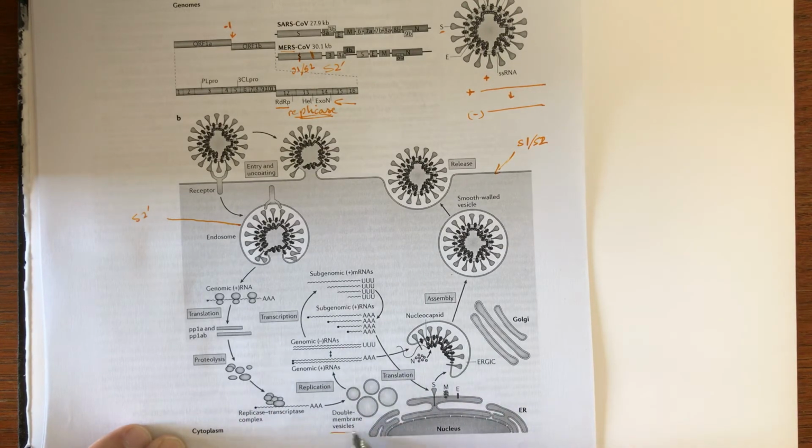It does something quite interesting. It does its replication in these double membrane vesicles, and this hides the virus from innate immune system sensors that recognize alien substances like double-stranded RNA.